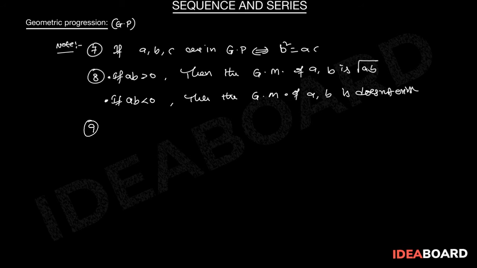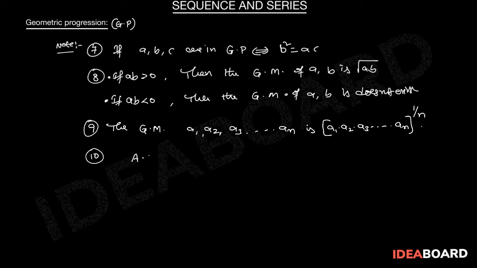Ninth one, the geometric mean of n numbers a1, a2, a3 and so on an is (a1 into a2 into a3 and so on into an) whole to the power of 1 by n. So clearly arithmetic mean is greater than or equal to geometric mean.